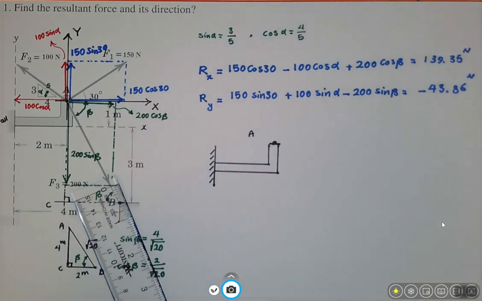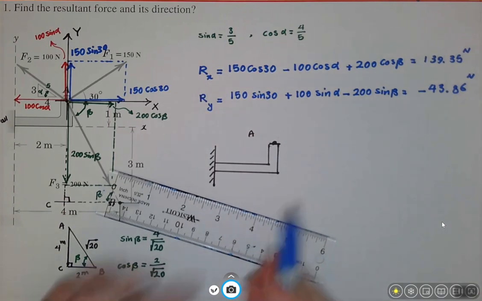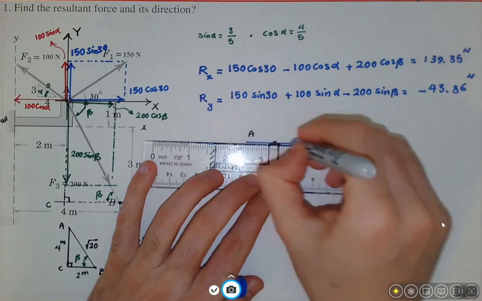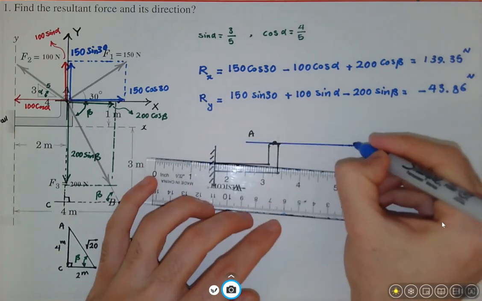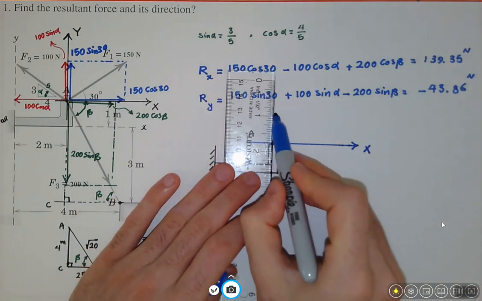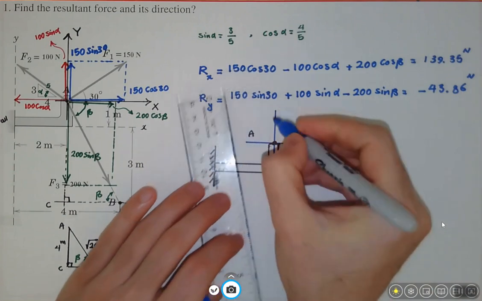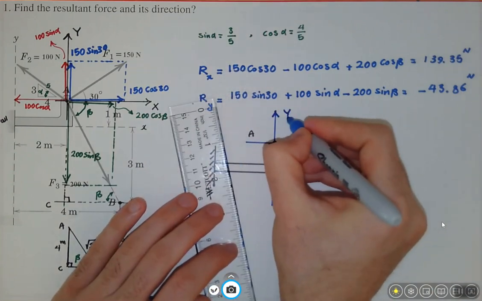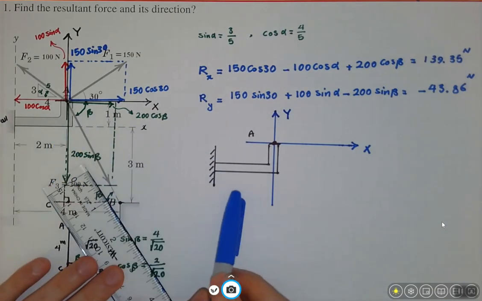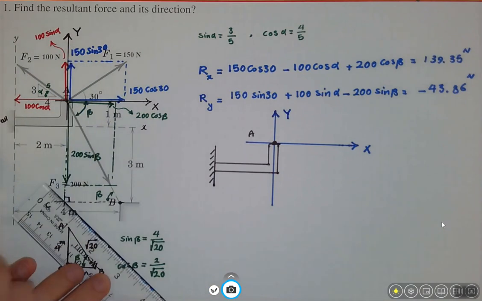And also we decided that this is the X direction and this one is the Y direction, right? I copied the same picture over here in order not to make it messier.